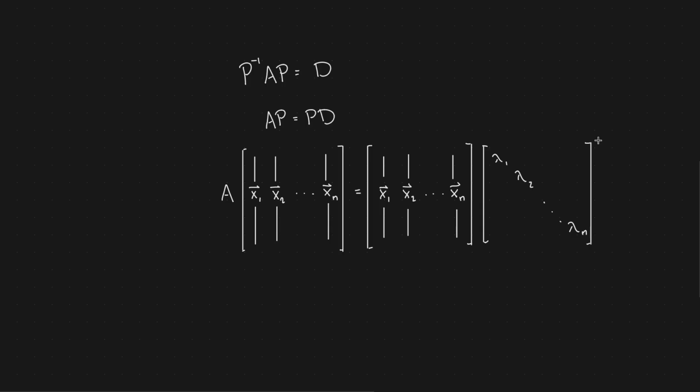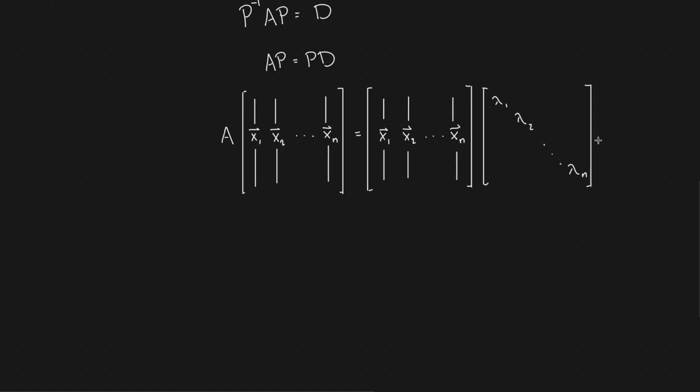Okay. All right, now I kind of want to think about each column of the product on each side of this equation. Let's think about the right side first. I think it'll be a little bit easier to think about.